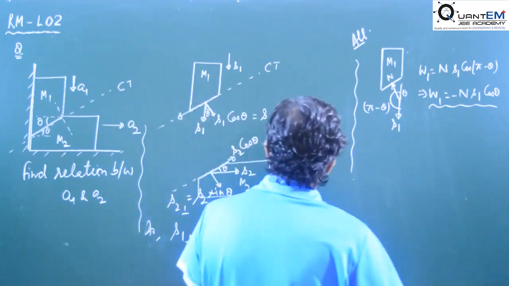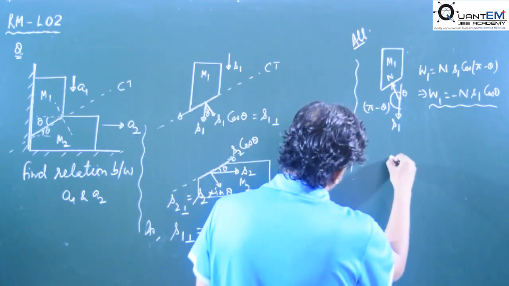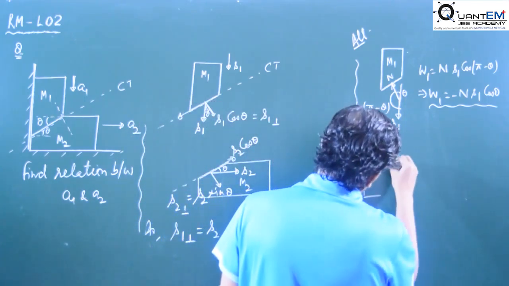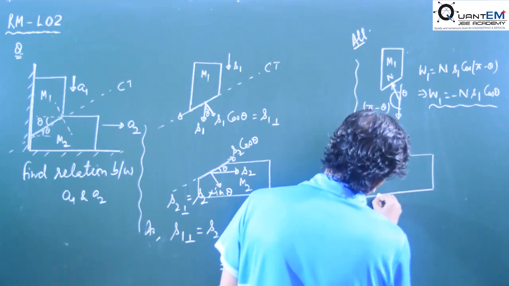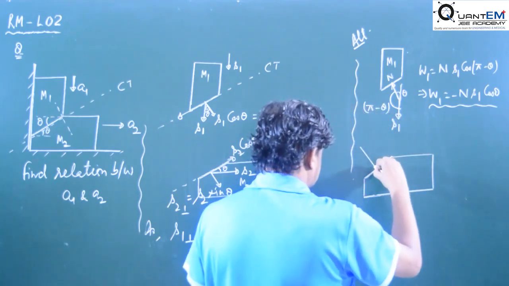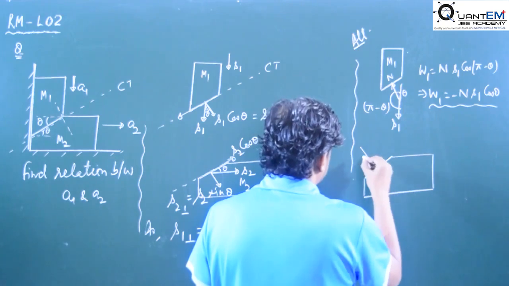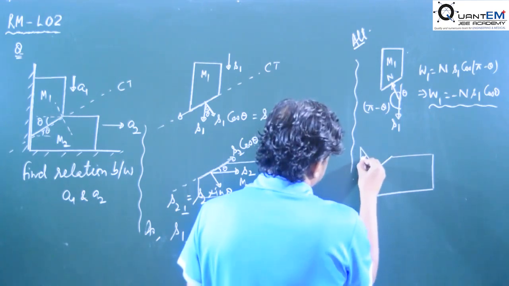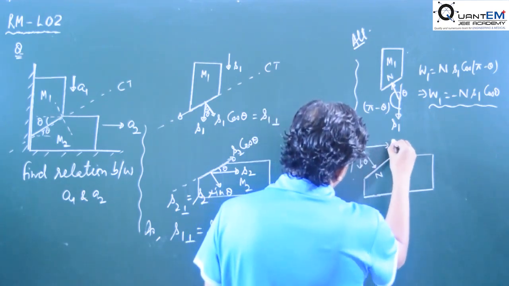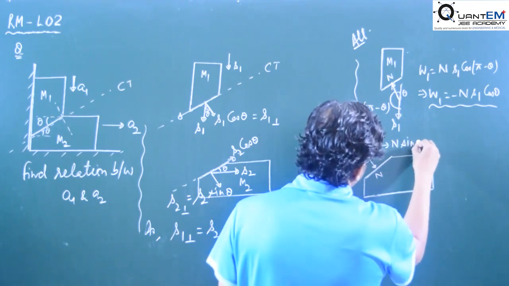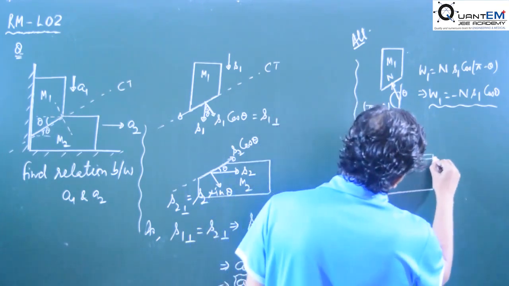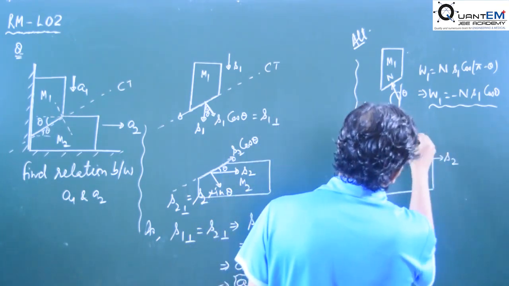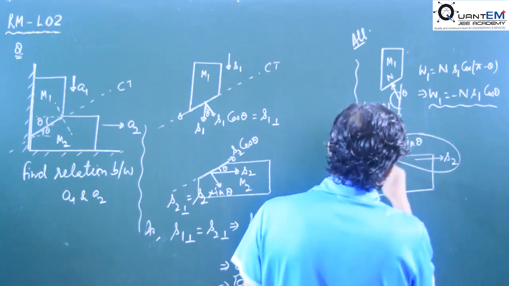Now we come to the second mass. Here see, this one is the normal reaction, this angle is theta, and this component is what? N sin theta, and the displacement of this mass in this direction is s2. Now what is the work done here?